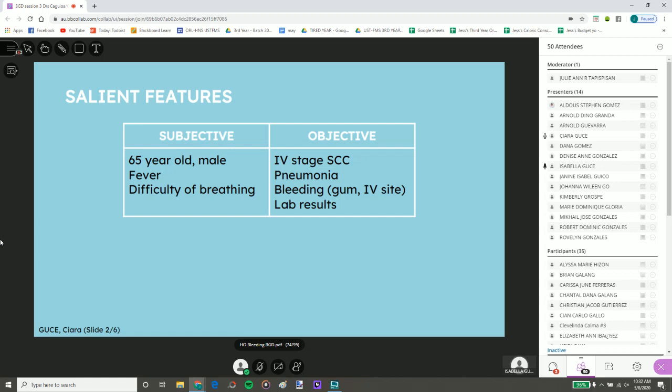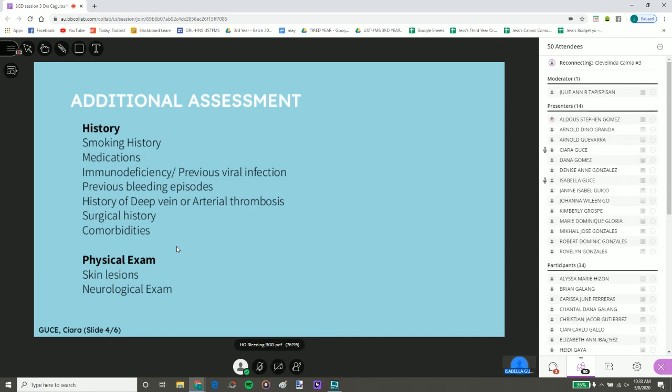So before we proceed with the results, these are the other additional assessments that we can gather from the clinical history and from physical exam in order to rule out other differential diagnoses and to arrive at our clinical impression for our patient. So the first one would be the smoking history.